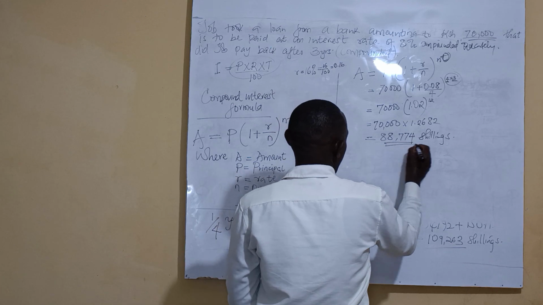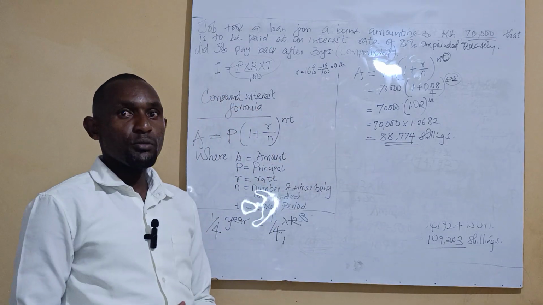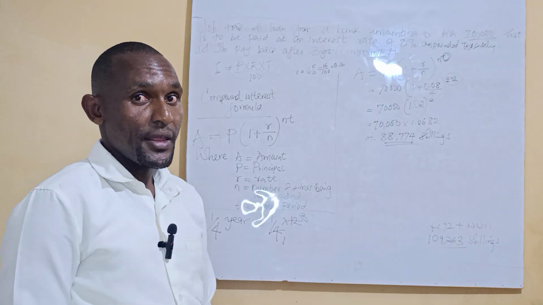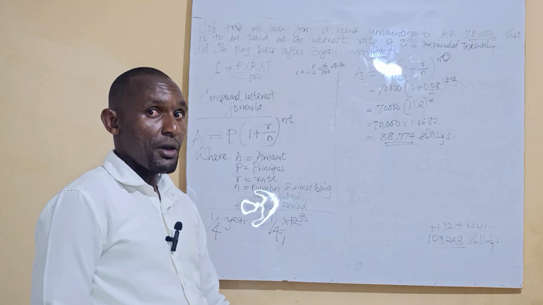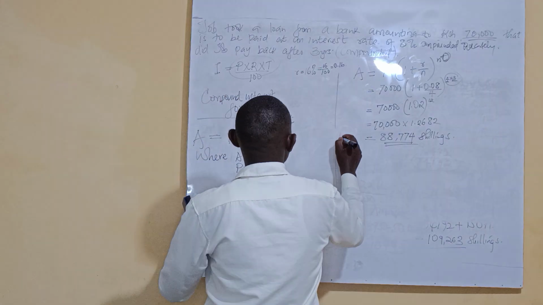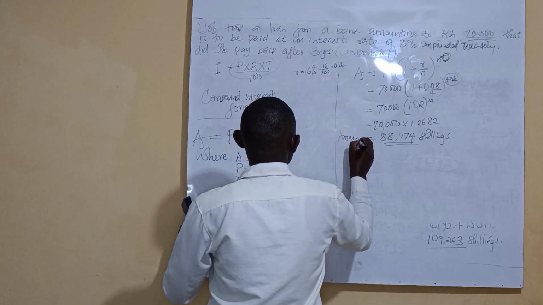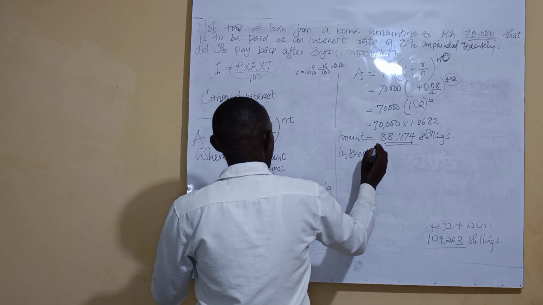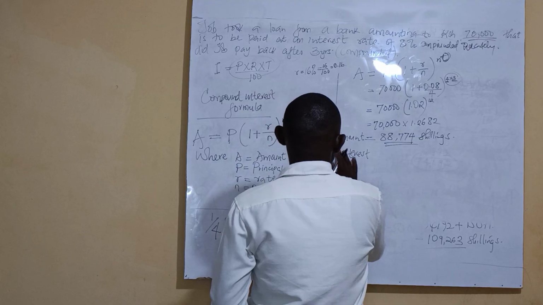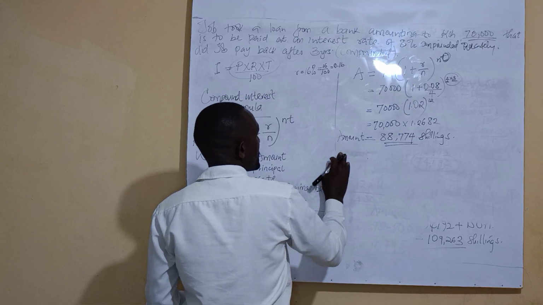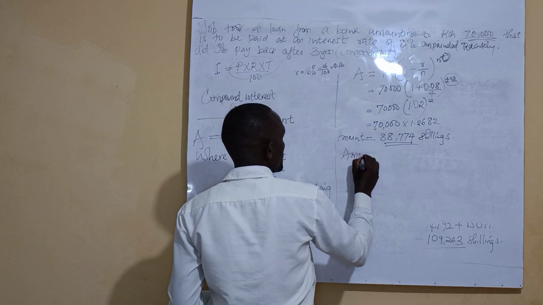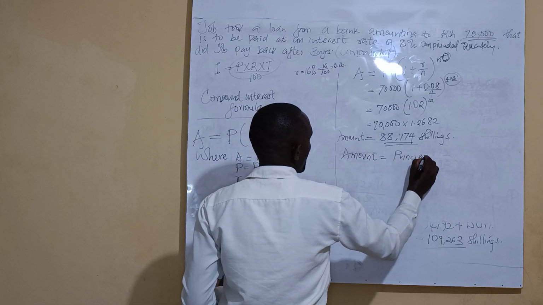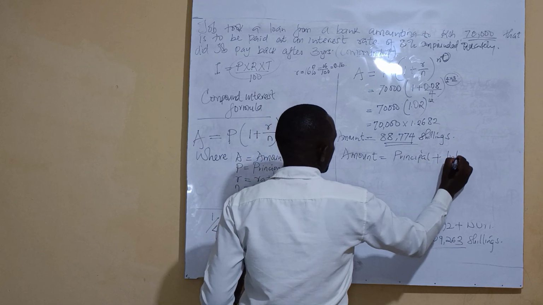So this is simply the total amount of money that is going to be in the bank at the end of the third year. Now remember, this one is the amount. As we said earlier, the formula is always going to give you the amount. If it is about the interest, we said that amount is equal to the principal plus interest.